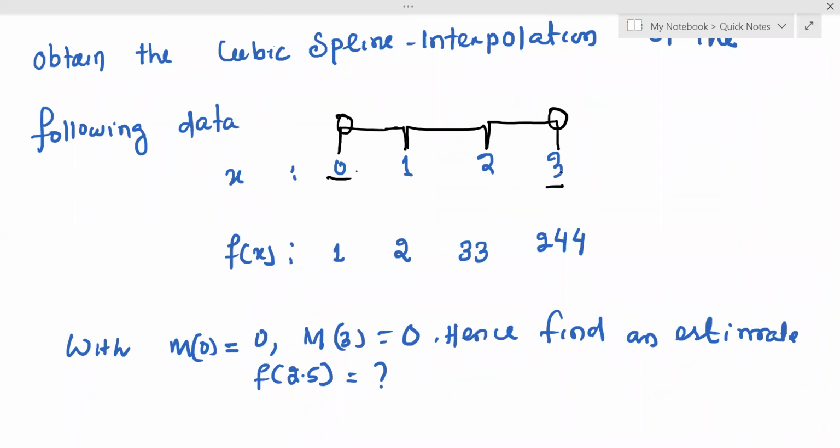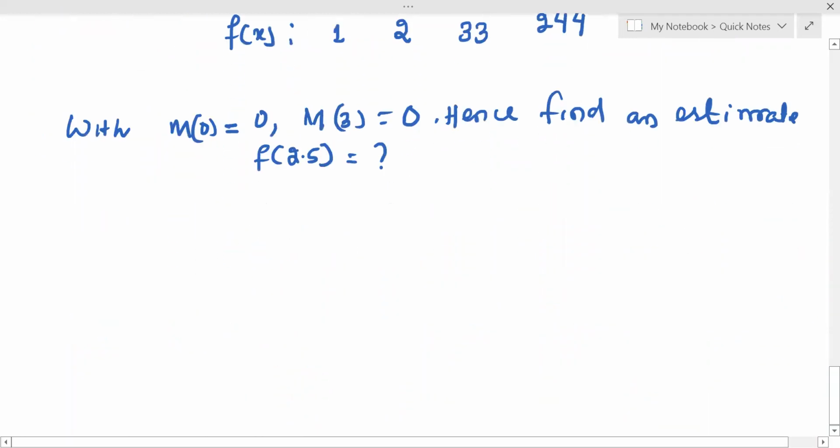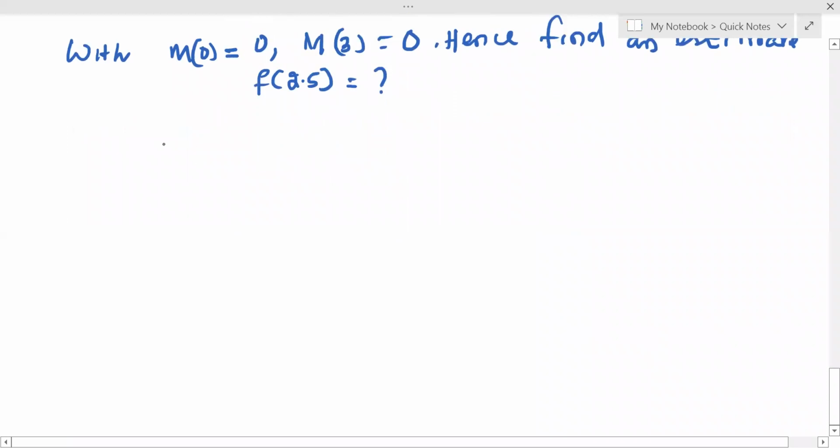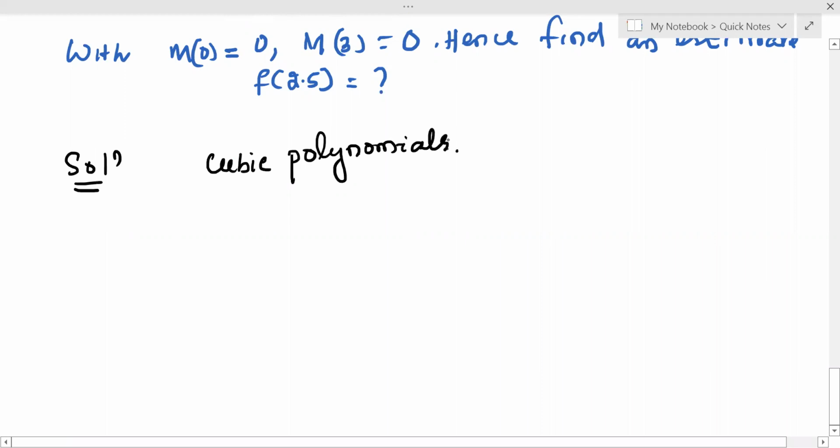For solution of this problem, write the cubic polynomial approximately. Solution. Just we write the cubic polynomials. Actually, what are the cubic polynomials? Just to define here, 3 intervals we consider. Interval wise, we can define the cubic polynomials.